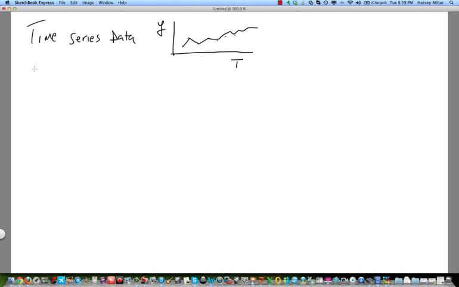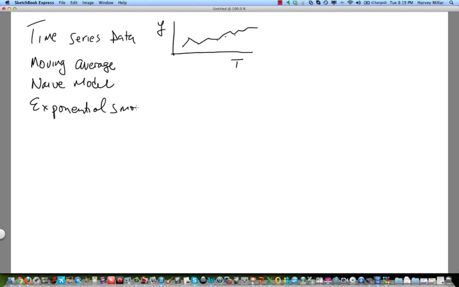So when we want to forecast, what are some models that we can use? I mentioned a moving average is very popular. We also have a model called a naive model. Then we have exponential smoothing. We also have trend models.